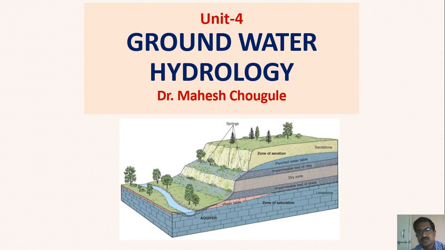There are also various types of water tables, so we'll have to understand what type of water table or what type of ground is available there. All these things are necessary to understand in groundwater hydrology. So it is important to start with what is groundwater.